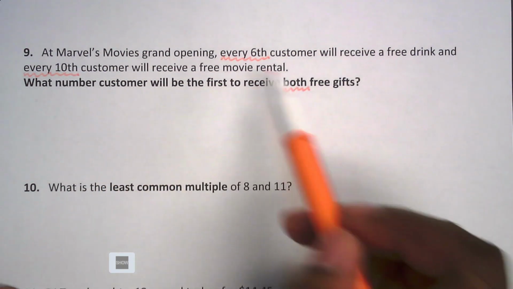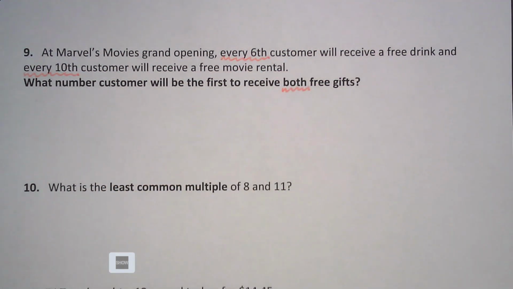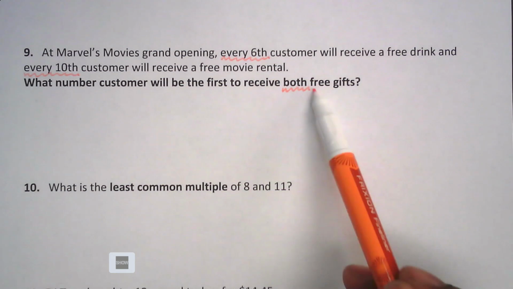So what this means, every 6, so I'm repeating every 6 customers, then another 6 customers, then another 6, and every 10th customer, then another 10, then another 10, right? So because I am repeating, I am going to have to find the least common multiple where they both meet.